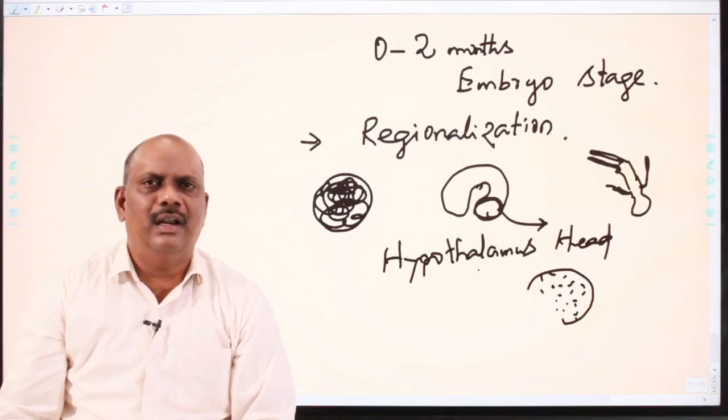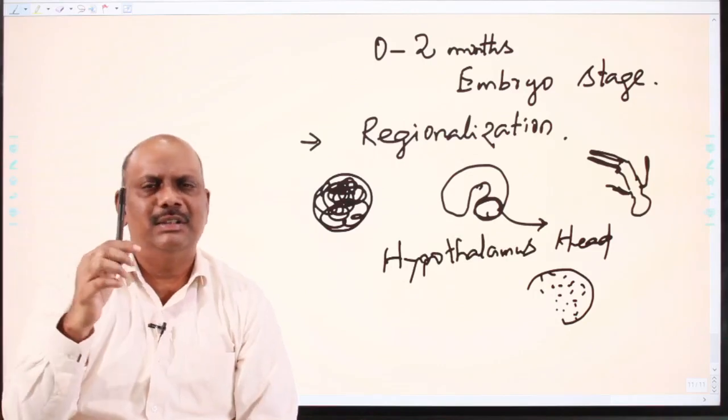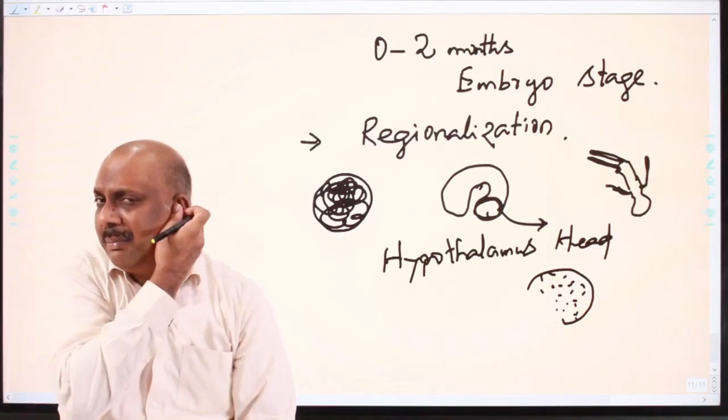This is one gland which is found here in the head. It is the hypothalamus which gives signals to the pituitary gland.